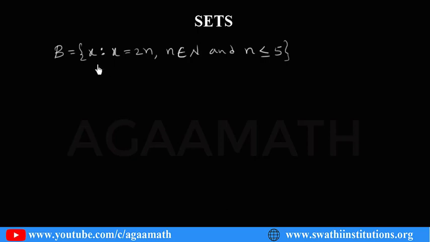So now we already know that this is in the set builder form. Now I would like to write into the roster form or a list form, we say, right? So roster form or list form.